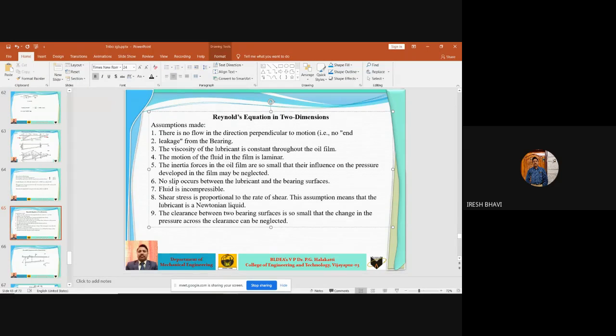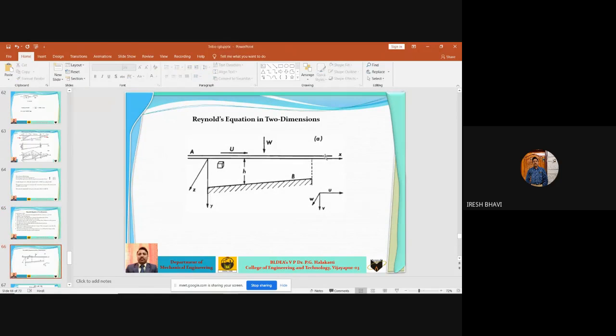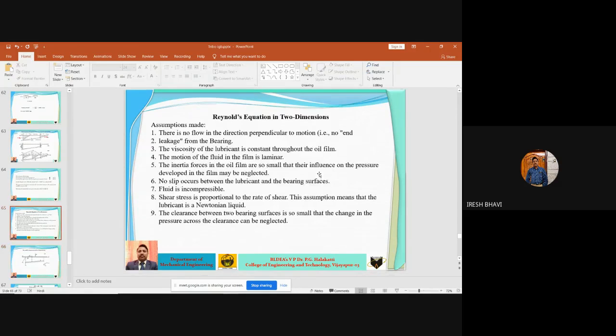Okay, you can see here, this is x, this is y. Perpendicular to this plane is z. In the z direction, we are assuming that there is no flow of liquid. That is the first assumption. There is no flow in the direction perpendicular to motion. It means there is no end leakage from the bearing. Okay.